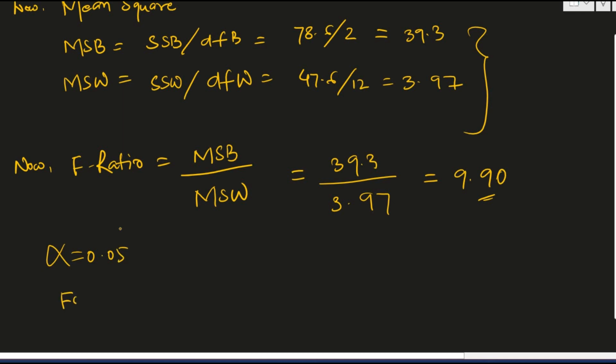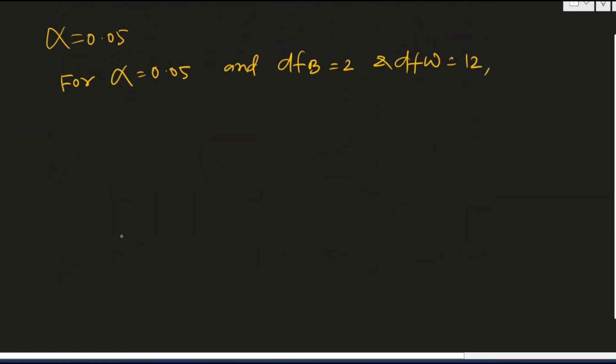So for alpha equal to 0.05, degree of freedom between the group which is 2, and degree of freedom within the group which is 12, if you try to find out the critical value from the table, what we have got is 3.89.